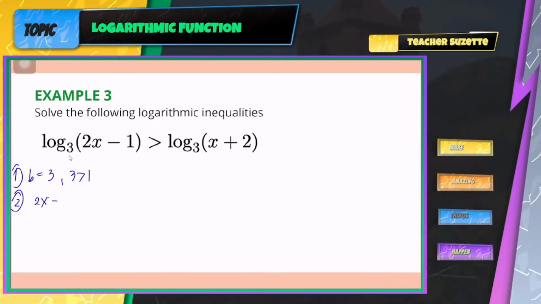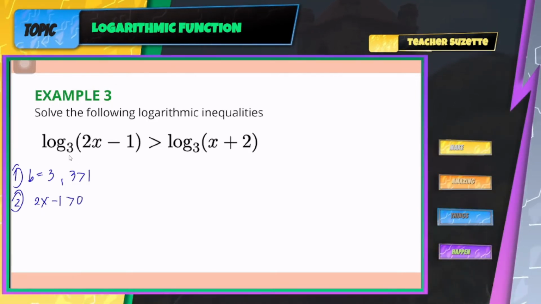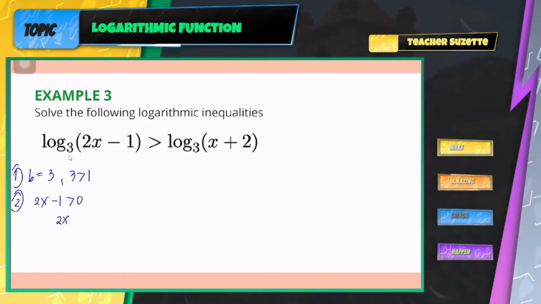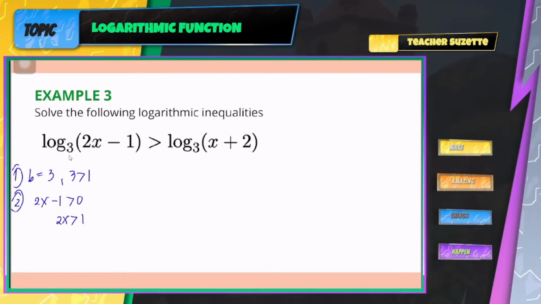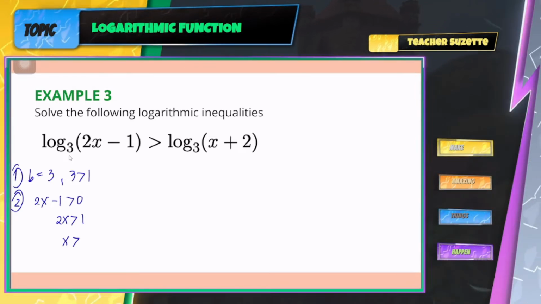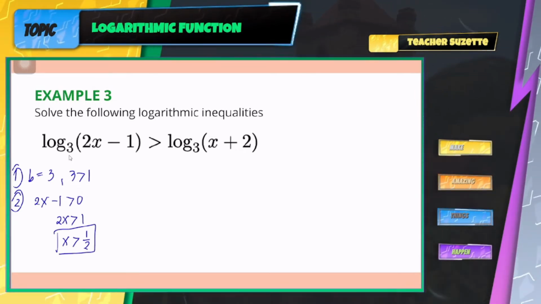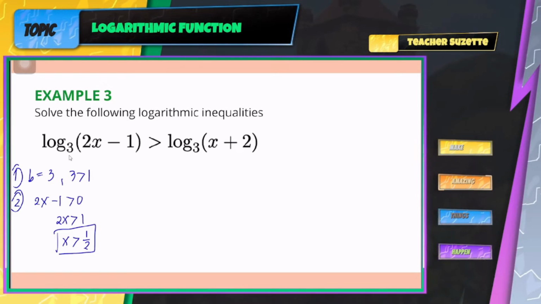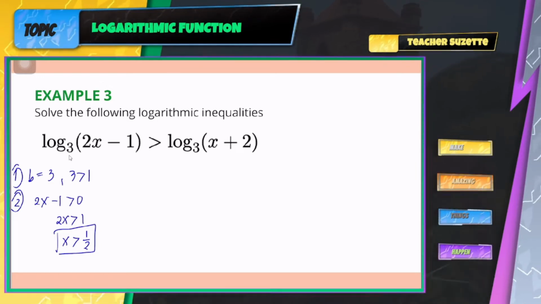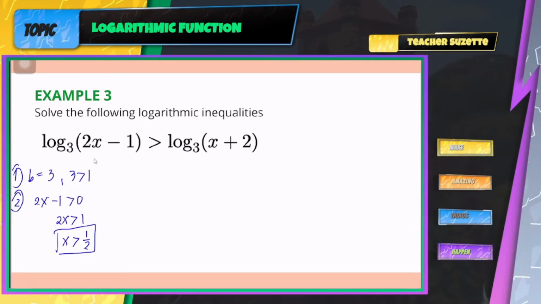So, that is 2x minus 1 greater than 0. Therefore, you will have 2x greater than positive 1, and dividing both sides by 2, x should be greater than 1/2.